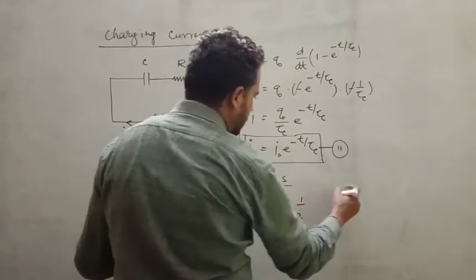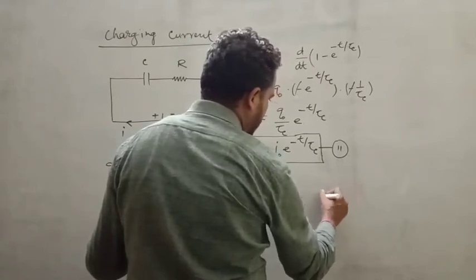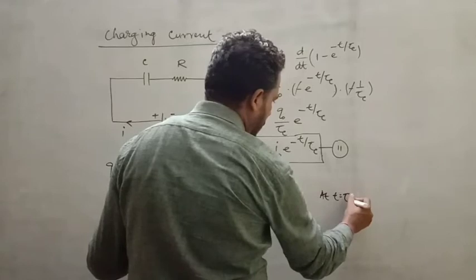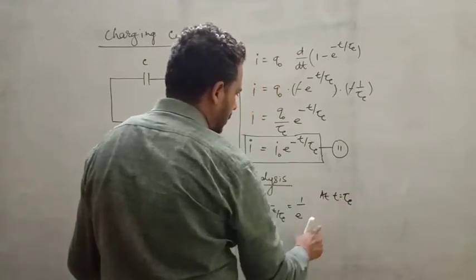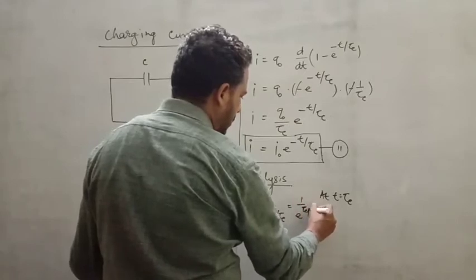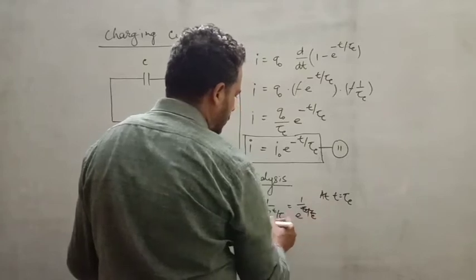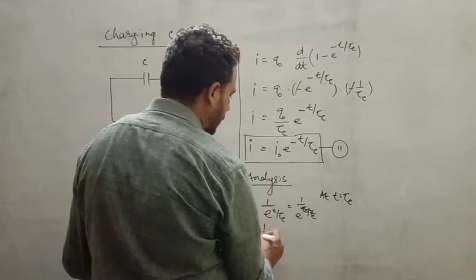So you just take it that at t is equal to tau c. Okay, so whenever your t becomes tau c, it will be tau c by tau c, so this will be cancelled. So how much will you get? Here you will get only 1 upon e.